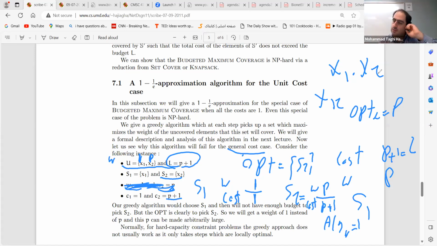For max cut, instead of 1/2, you could get 0.878 or something, which is close. The current state of the art is that SDP is the best. If you cannot get some approximation factor better with SDP, probably you cannot get it at all.